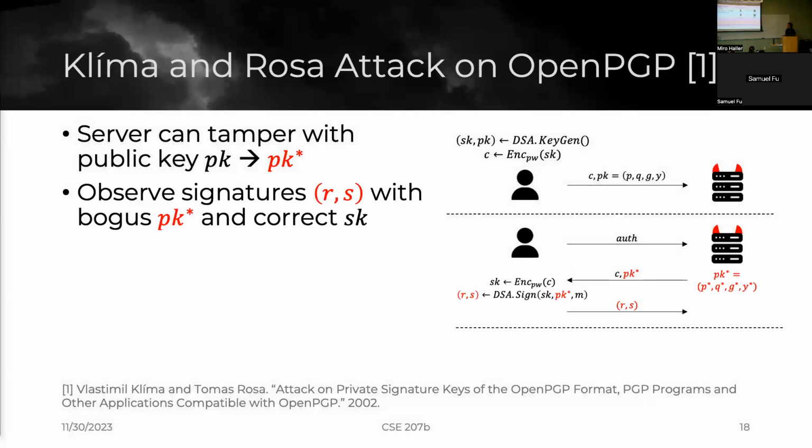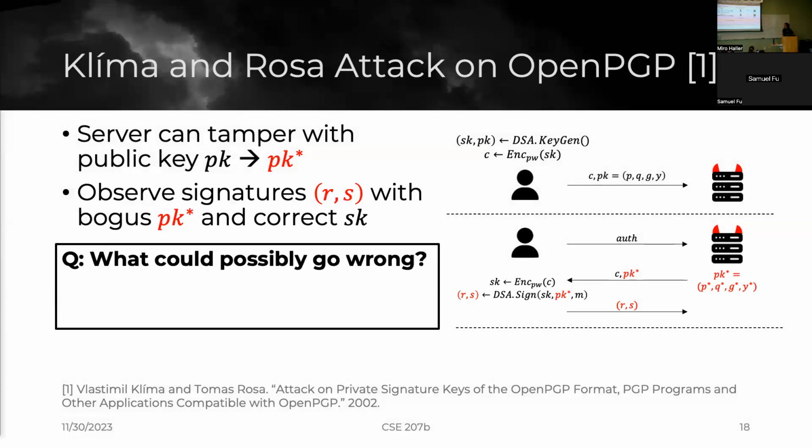So yeah, the server can override the public key, and the server can observe signatures. Because recall, we're using this for PGP, and mostly it's used for signing emails. So as a mail provider, you see the email, and you see the signature that's attached below the email. So you see both the message that's sent and the signature. So what could possibly go wrong?